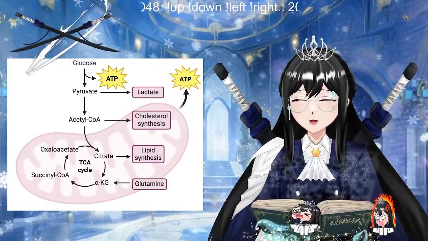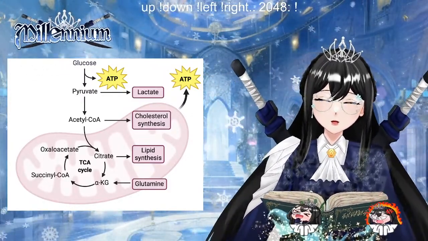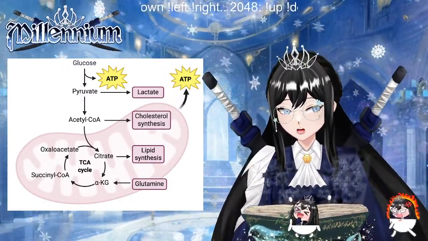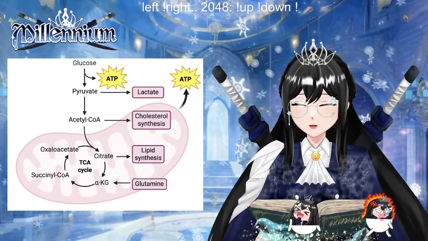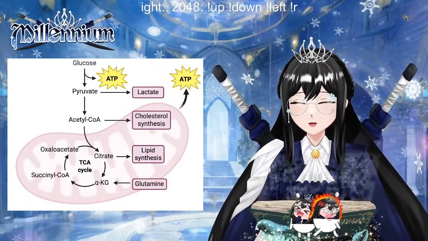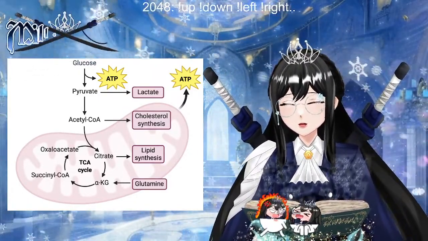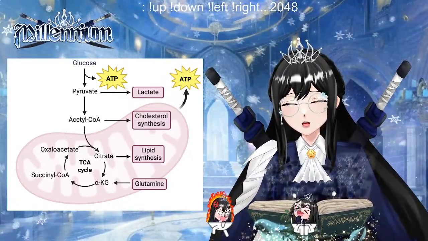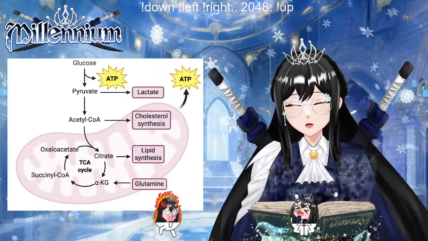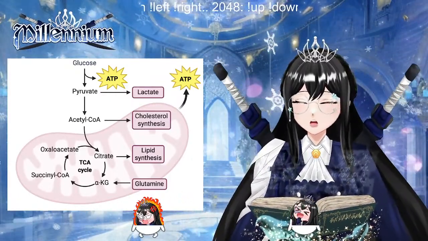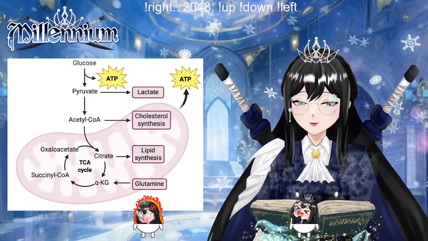Pyruvic acid is oxidized into acetyl-CoA. Acetyl-CoA enters the Krebs cycle, also known as the citric acid cycle, and this is a critical step that bridges the anaerobic glycolysis with the aerobic pathway, which relies on oxygen.